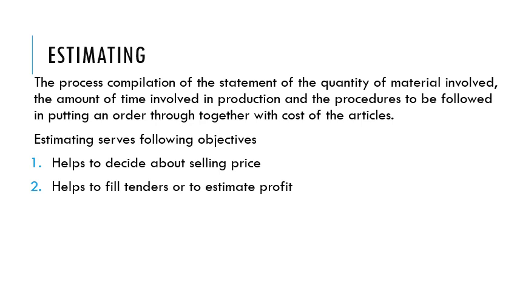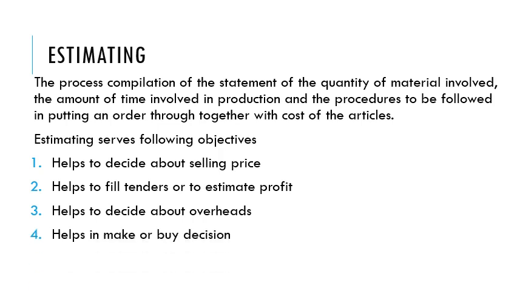While doing so, I can say whether that particular contracting could be taken up or not, whether that tender could be taken up or not, depending on my estimated profit. Helps to decide about the overheads, what kinds of overheads need to be considered while estimating the cost of a particular part. Helps in make or buy decision.